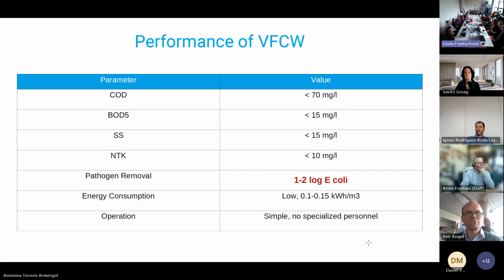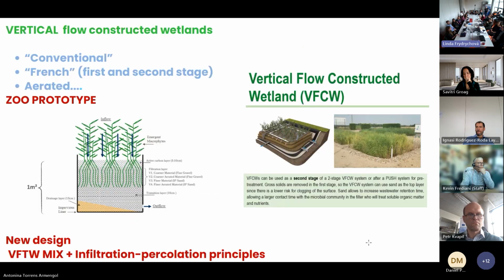That's the main idea. Because of this, in our prototype now in the zoo of Barcelona, we want to use the advantages of these French systems but enhance them with some mix of infiltration percolation principles, to achieve all the good things done in these systems but also more pathogen removal.